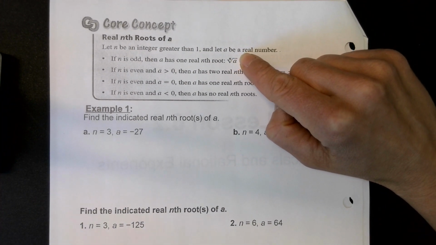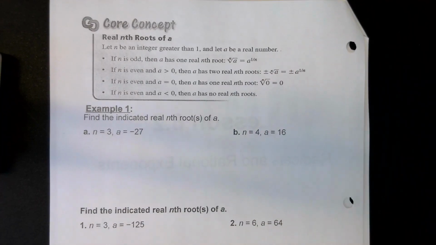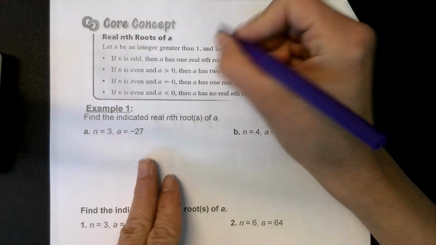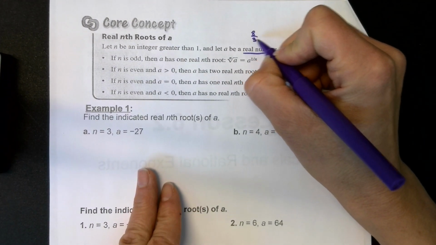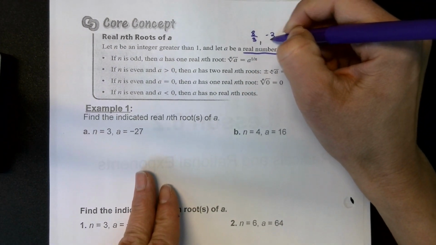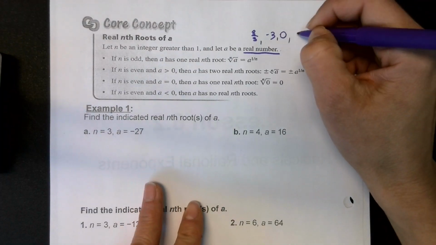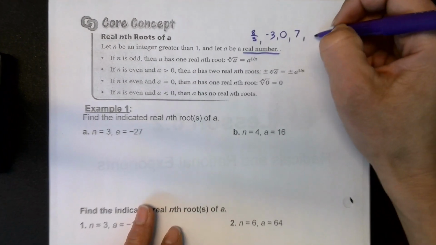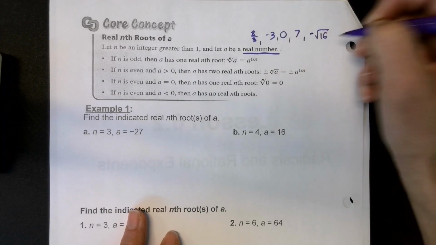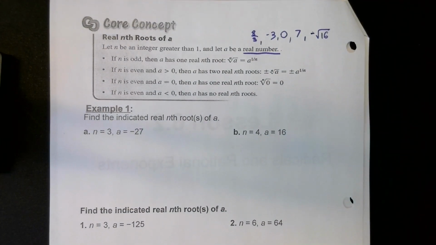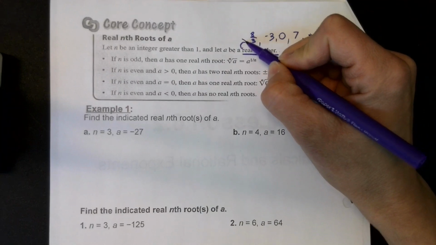And then a will be a real number. An example of a real number can be a fraction, could be a negative number, could be 0, could be 7, could actually be negative square root of 16. So those are real numbers, right?